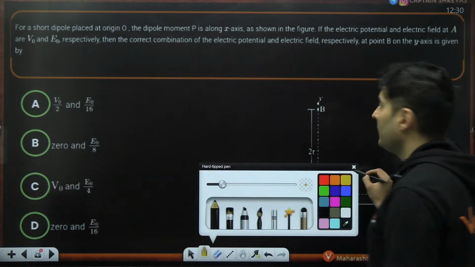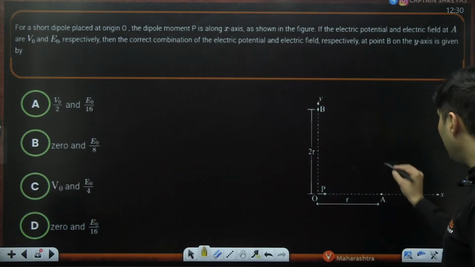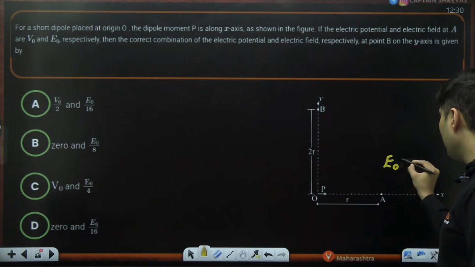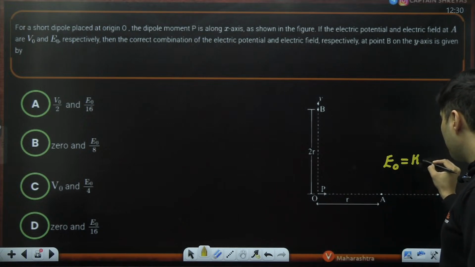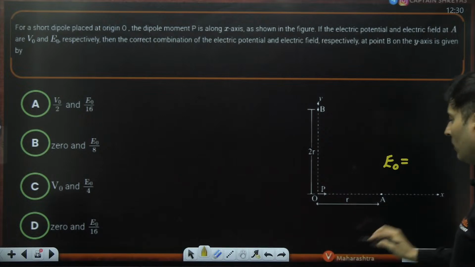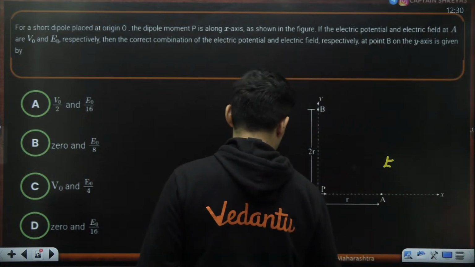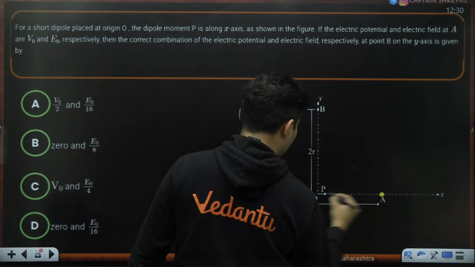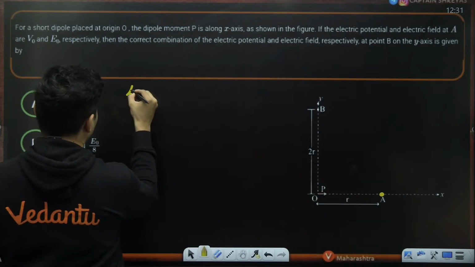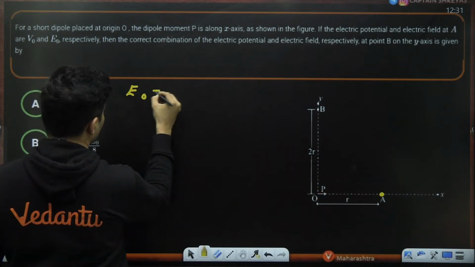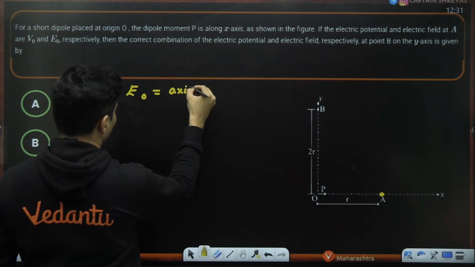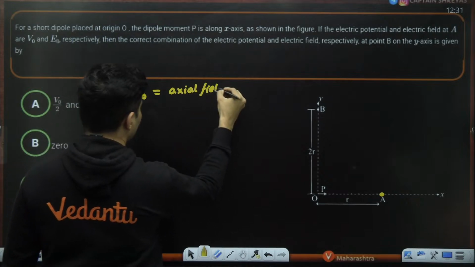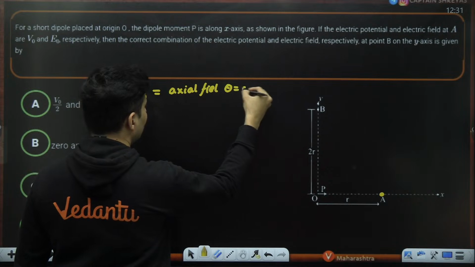Okay, let's think about it. If you are at point A, what is that electric field given by? Kp times 3 cos square theta plus 1, all that will be there, right? This is a dipole, so the electric field is on the axis, the axial field, which means theta will be 0 degree.